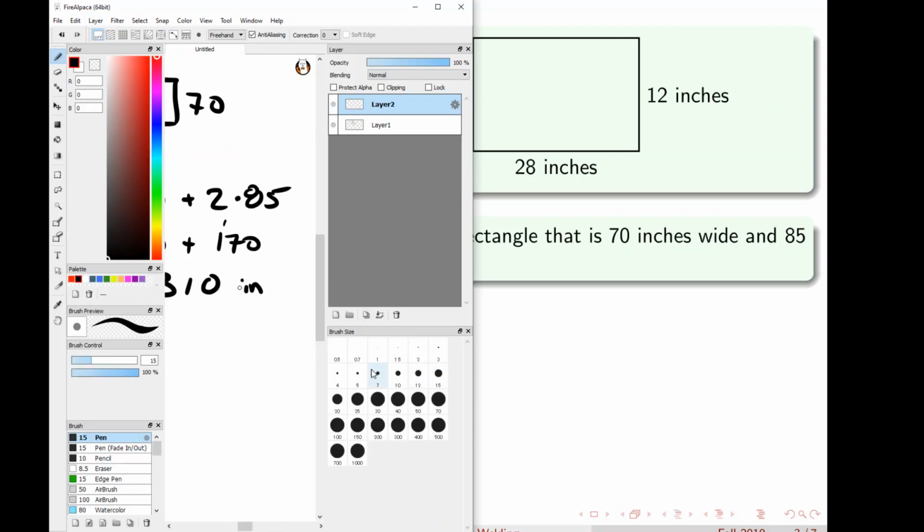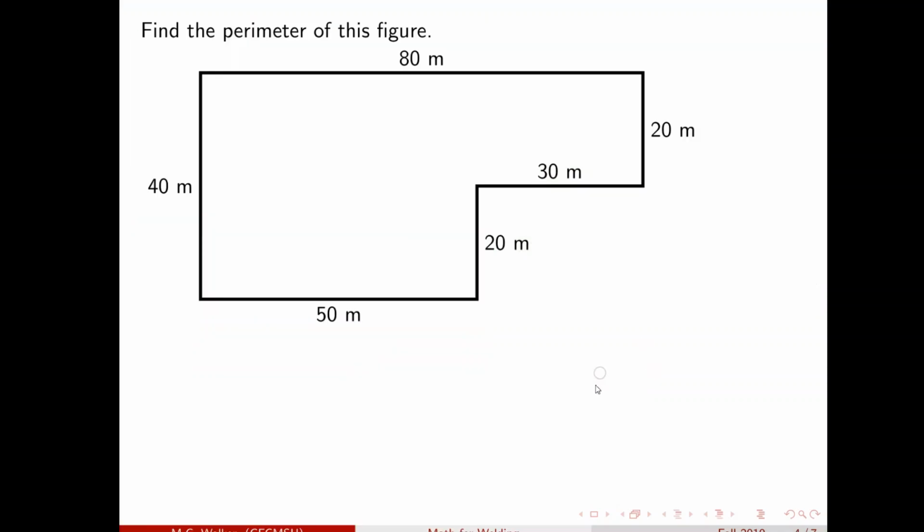Okay, let's take a look at our next question. We've got this big figure, and we're going to try to find the perimeter of it.